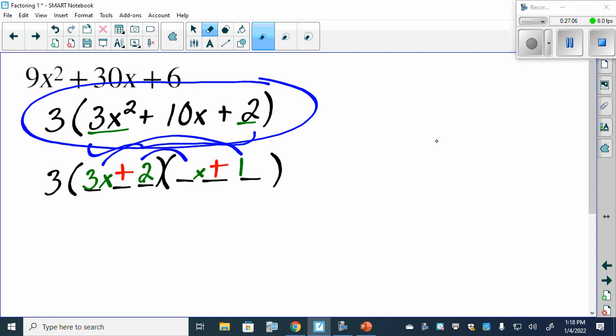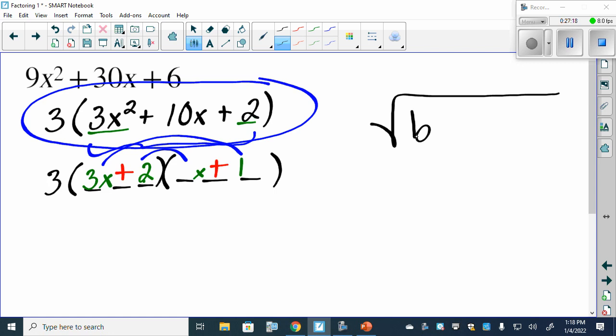Now, it'd be nice to have a shortcut to be able to see if this does work, if it is factorable, yes? Let's use this here. The square root of b squared minus 4ac.